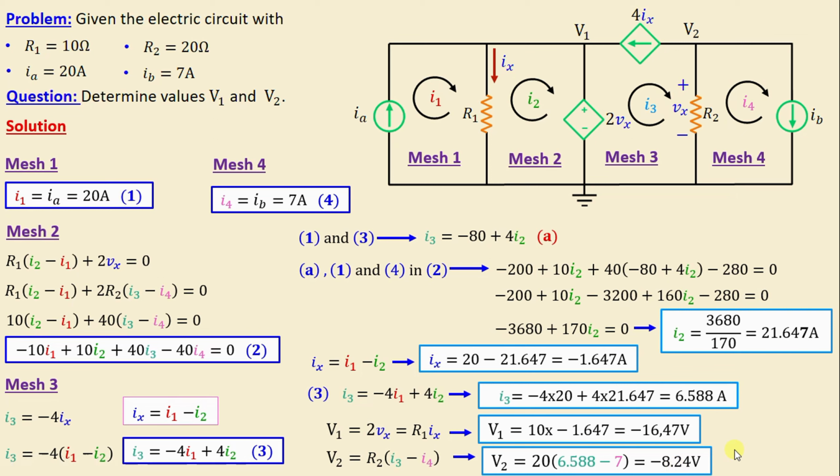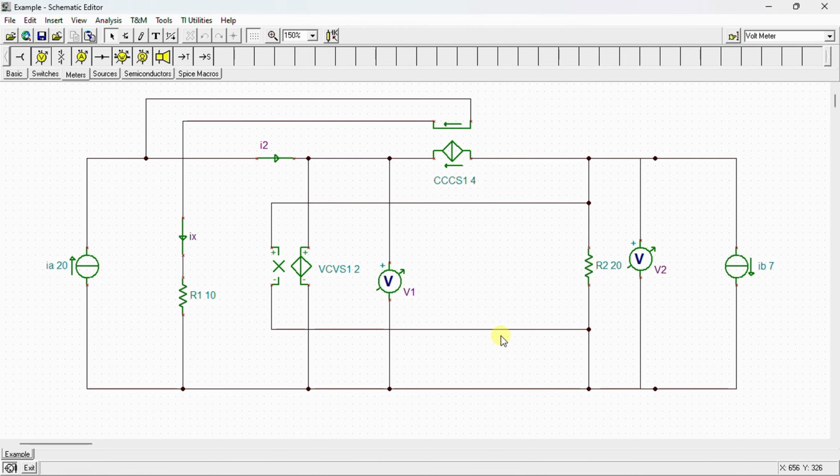After completing the calculation, we conduct a simulation using SPICE to verify our result. Now let's proceed to the SPICE environment. Here is our network drawn in the SPICE simulator. This is the current source IA, 20 amps, IB is 7 amps, and we see the resistors R1 and R2, and the voltage controlled voltage source and the current controlled current source.